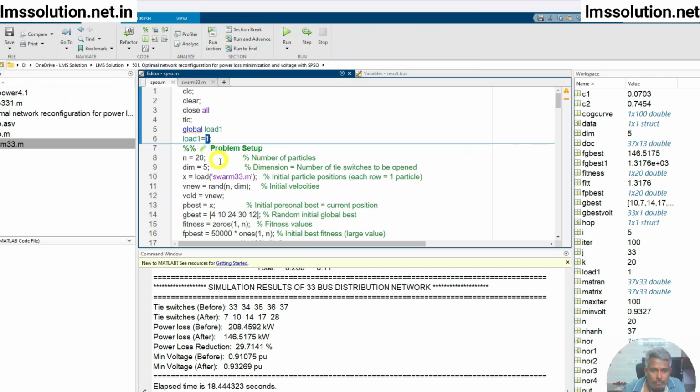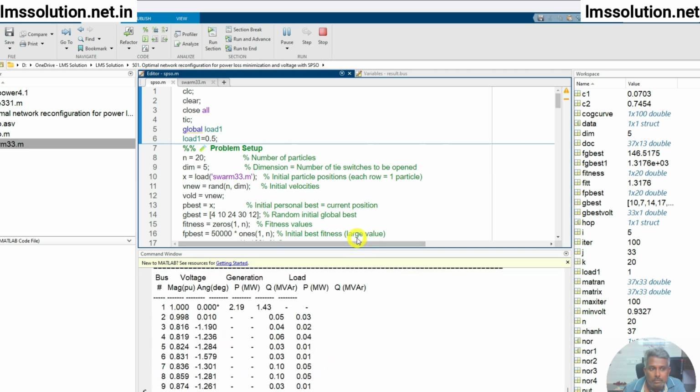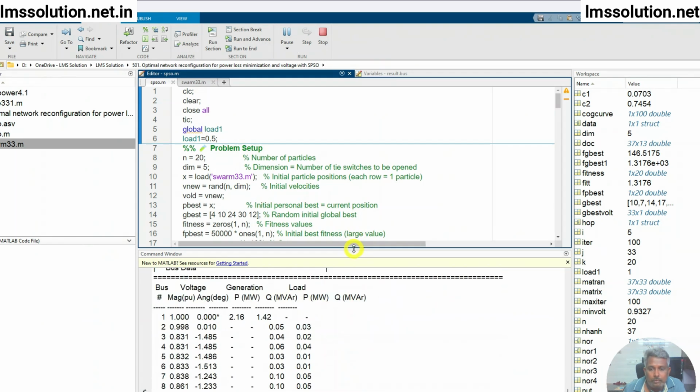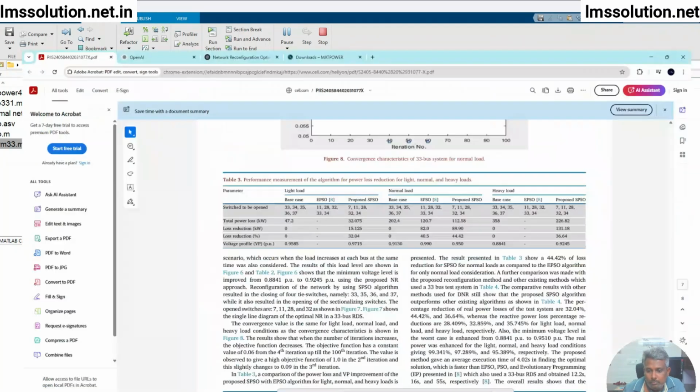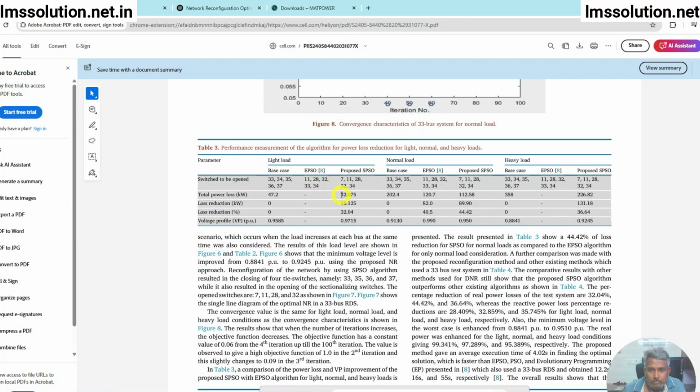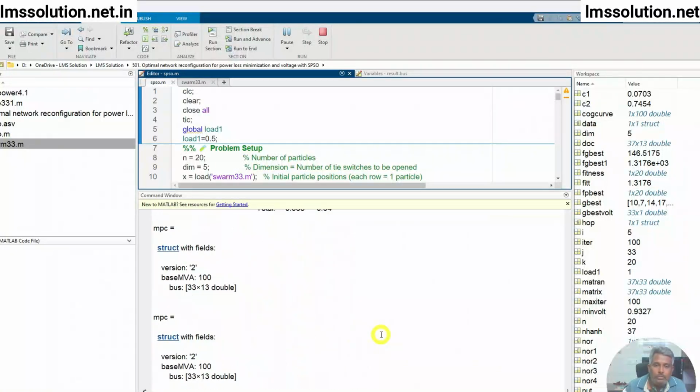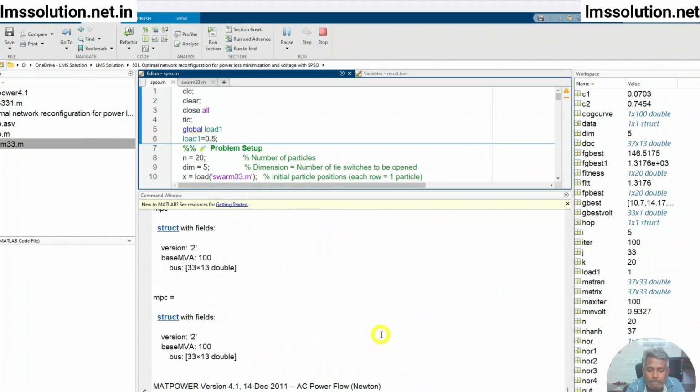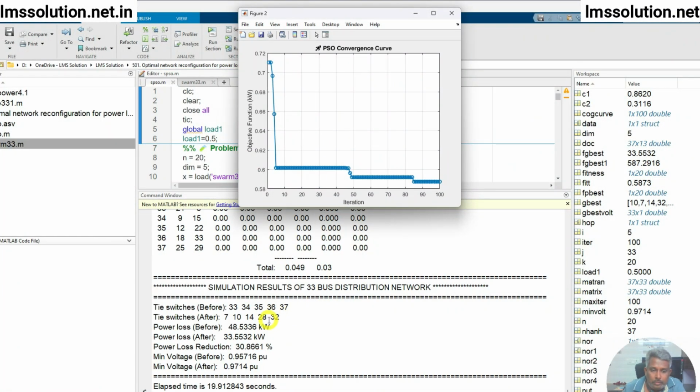So now I am going for the light load condition and check the result. For light load, they are having 32 kilowatt, power loss will be 32. So we will check our result. So we are getting 33.